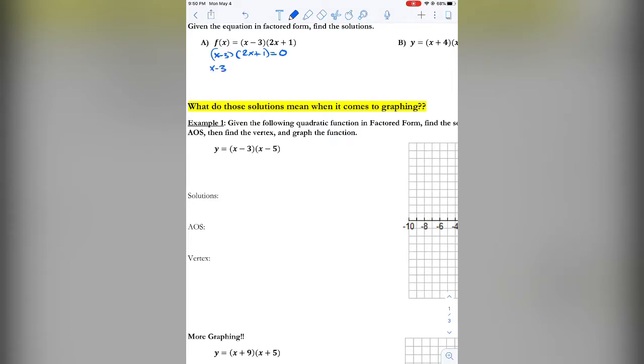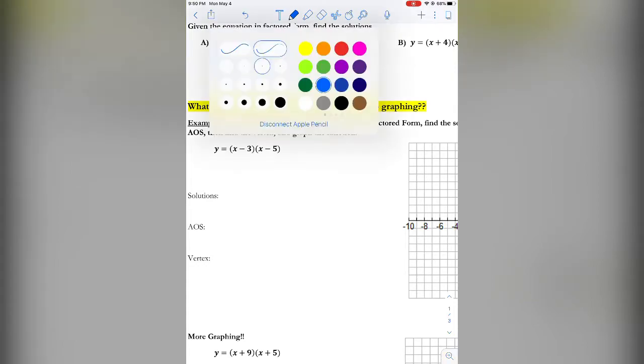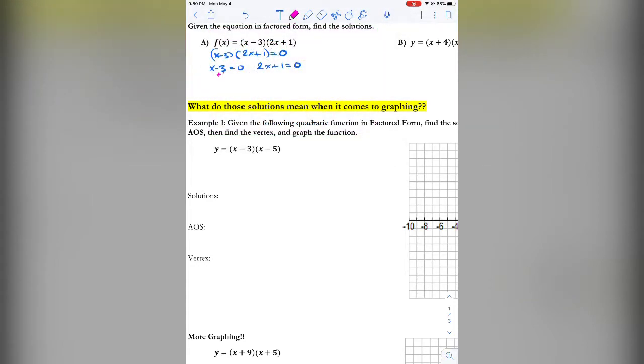So I have x minus 3 equals 0 and 2x plus 1 equals 0. Then I add 3 to both sides here, and here I subtract 1 from both sides, and I end up with x equals 3, 2x equals negative 1, divided by 2, so x equals negative 1/2.